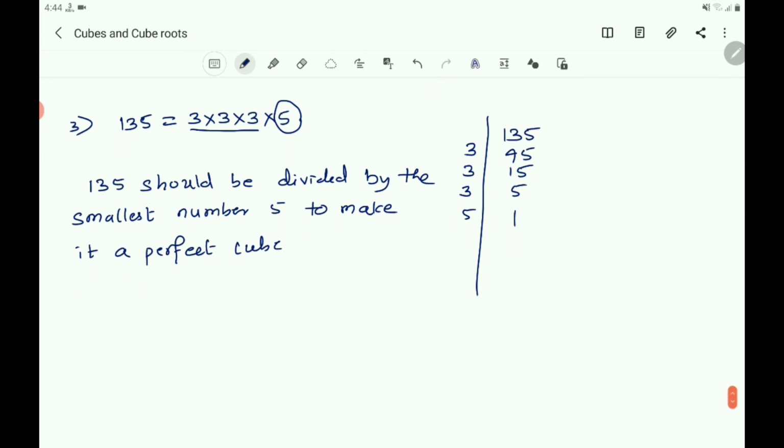So you take 135 divided by 5. Then you will get 27. 5 2s are 10, 3 5, that is 35. 5 7s are 35. You got 27. Here you got 27. 27 is a cube of 3.